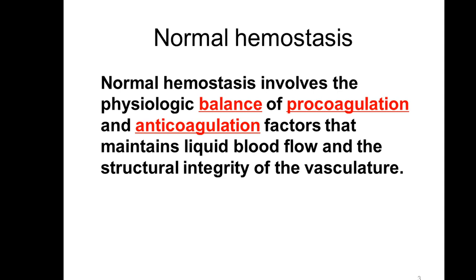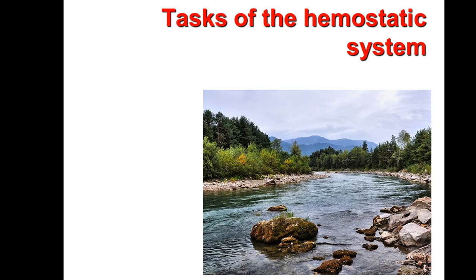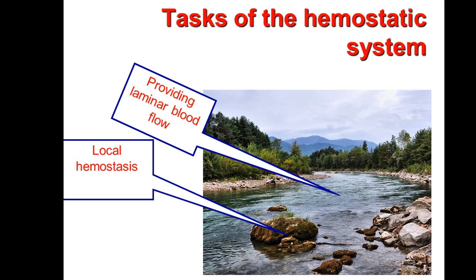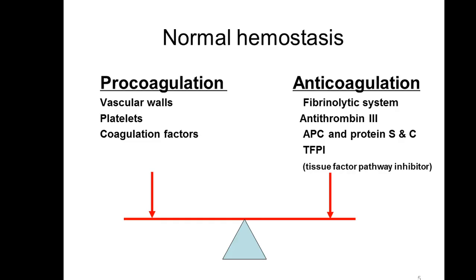Normal hemostasis involves the physiologic balance of procoagulation and anticoagulation factors that maintains liquid blood flow and the structural integrity of the vasculature. Of course, the main tasks of the hemostatic system are providing laminar blood flow and also, if needed, local hemostasis.